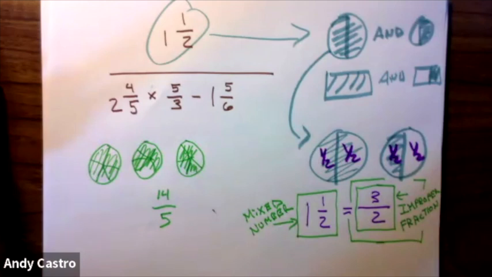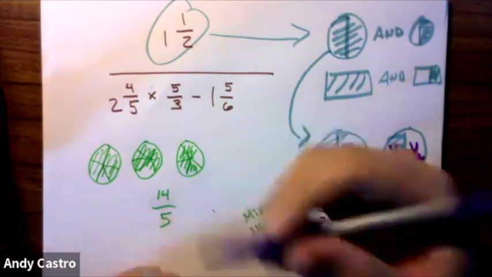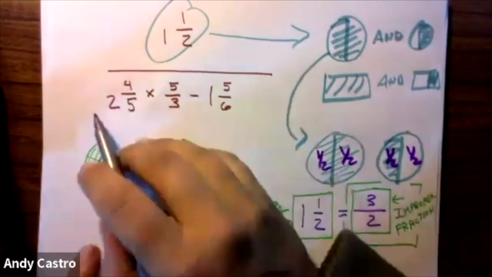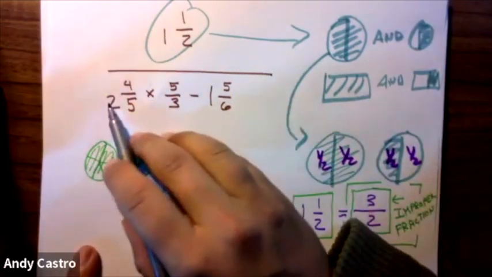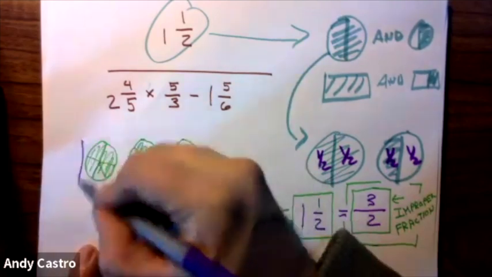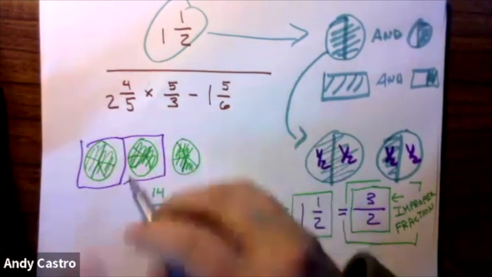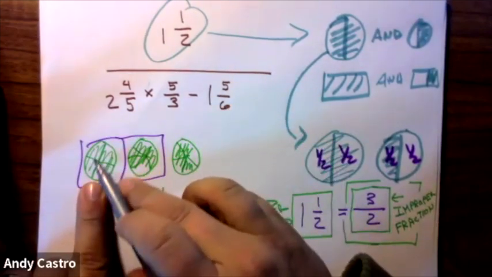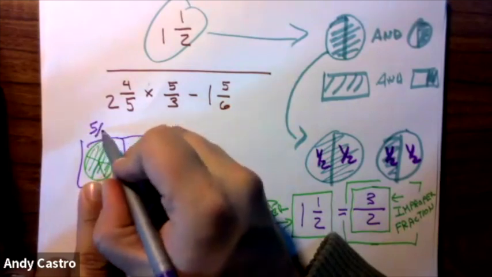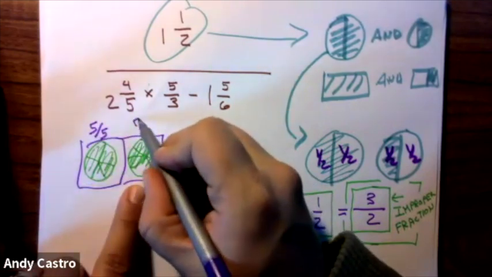So there's a mathematical way that we can go into a mixed number and change it to an improper fraction. We know that these two wholes are right here and right here, right? This right here is 5/5. This right here is 5/5.